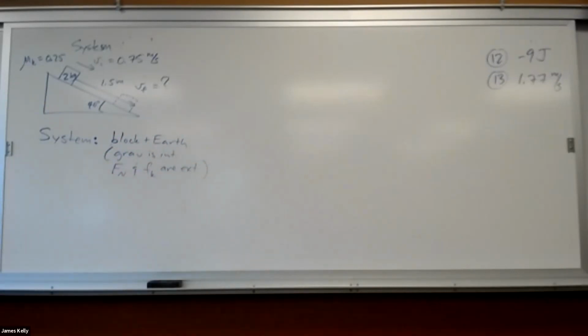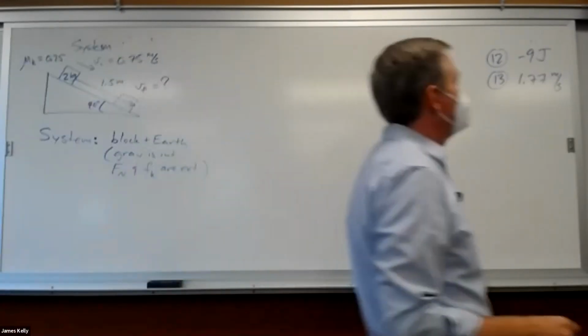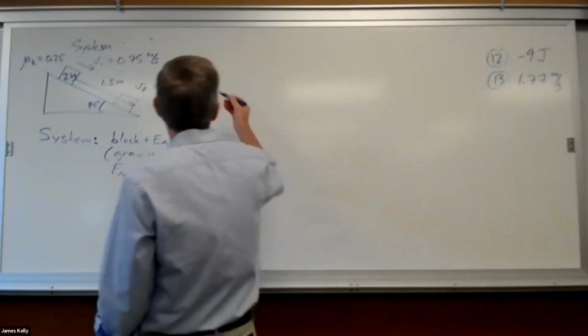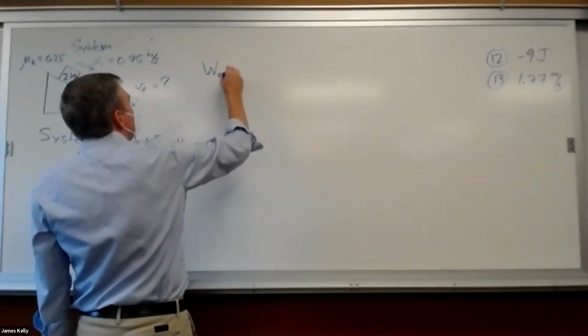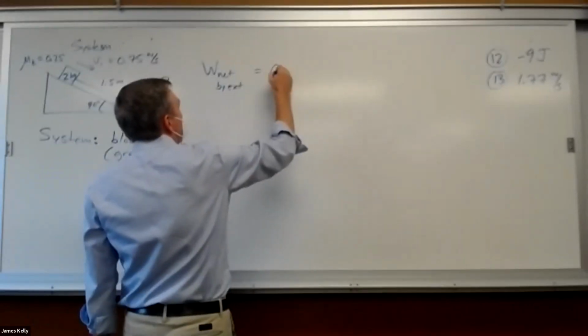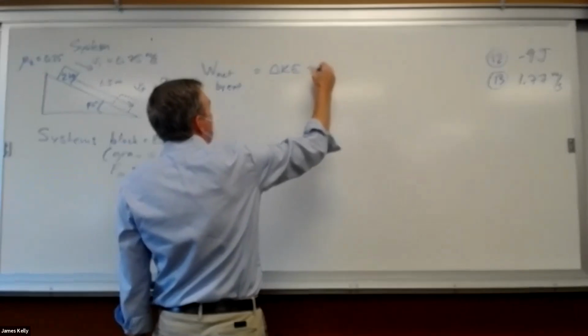And now I'm going to use my work-energy relationship. I don't have any internal non-conservative forces. The only non-conservative force I chose, I left as external. So I can just use my old one I was using before, which says W net by external forces is equal to delta KE plus delta PE.